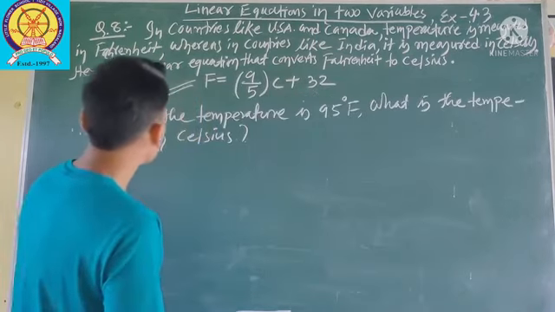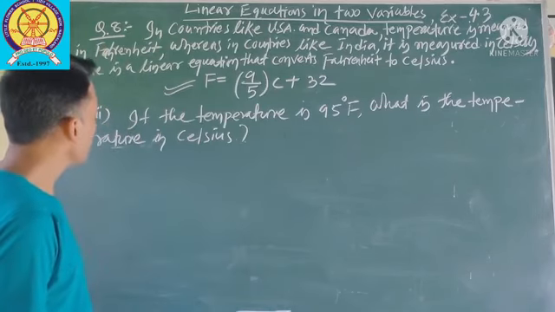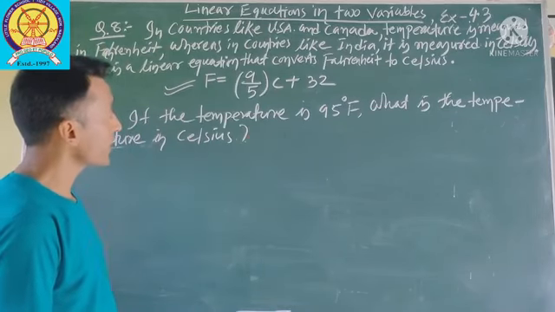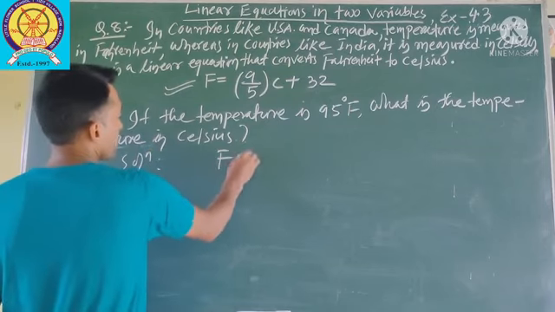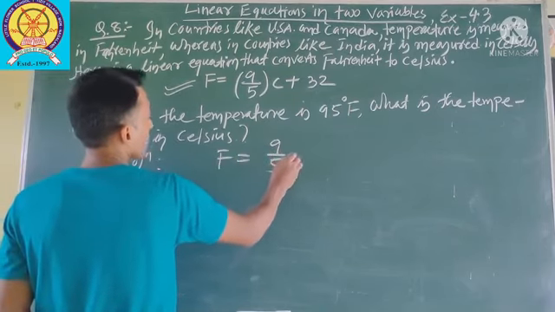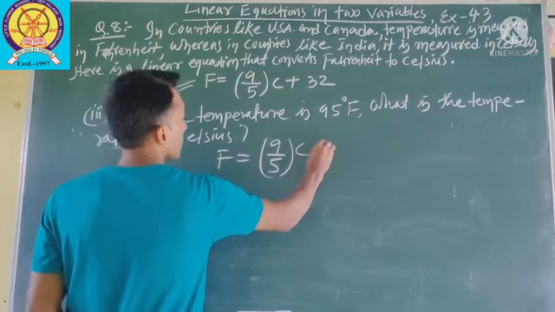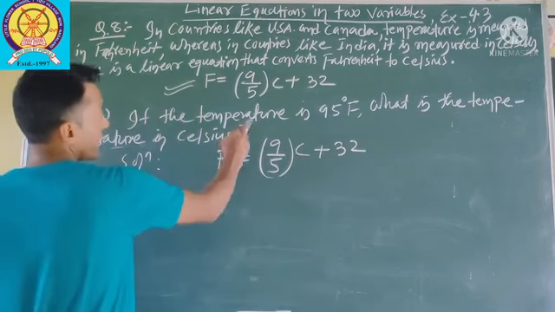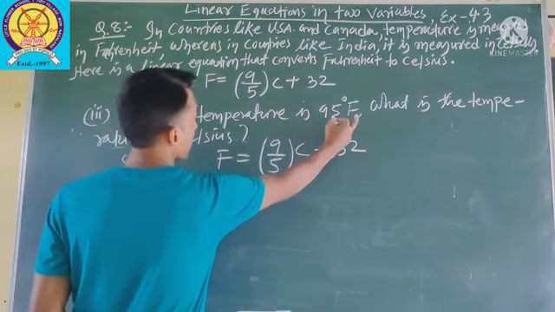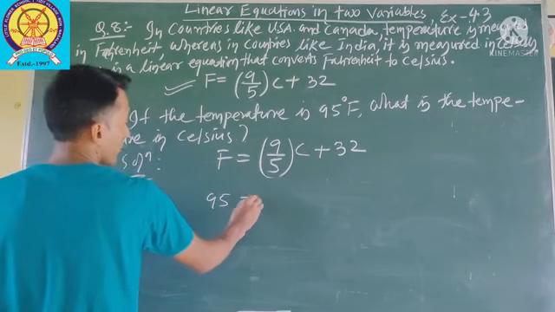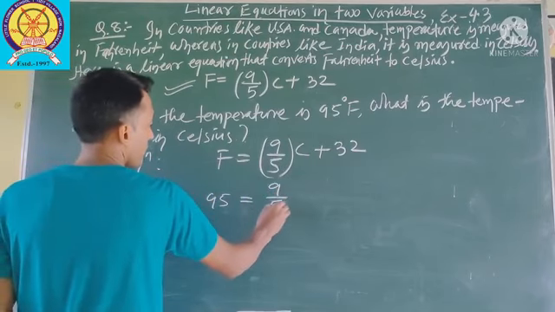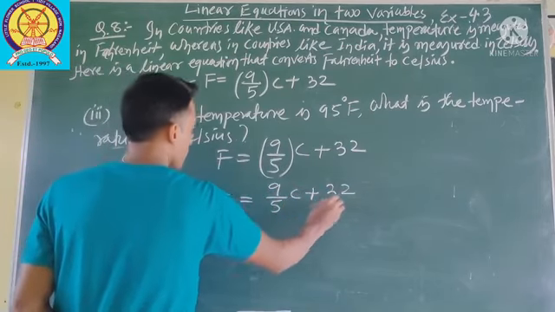Let's see question number 3. If the temperature is 95 degrees Fahrenheit, what is the temperature in Celsius? So first you write down the equation. Fahrenheit is 95: 95 equals 9 by 5 C plus 32.